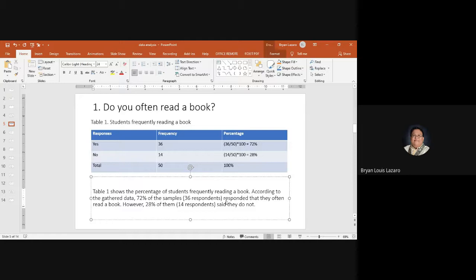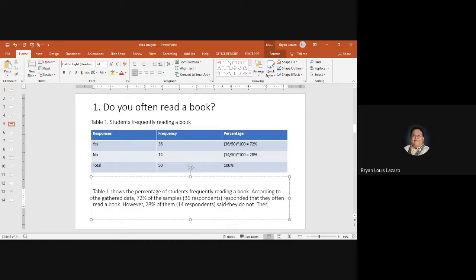Tapos, syempre, maglalagay kayo ng conclusion. Maglalagay kayo ng analysis ninyo. Paano nyo ngayon gagawin yung analysis? Usually, ganito lang yon. Sasabihin nyo lang kung sino yung majority, kasi yun yung sa percentage eh. So, sino yung majority? Yung nag-yes po.